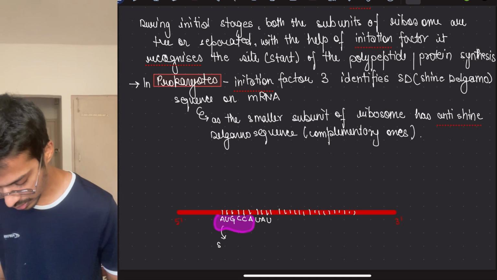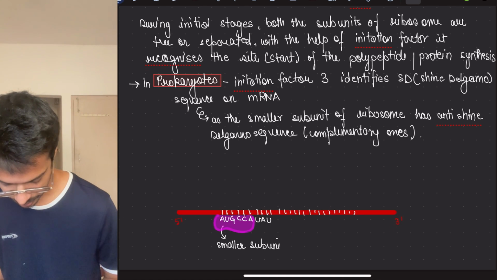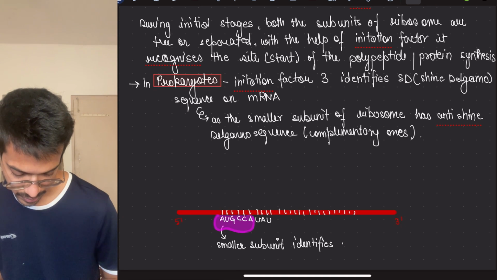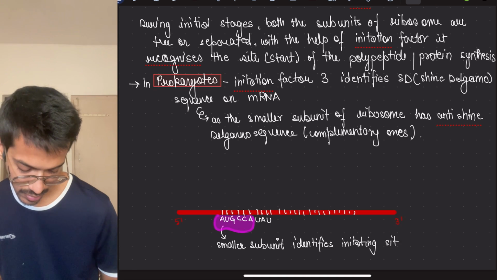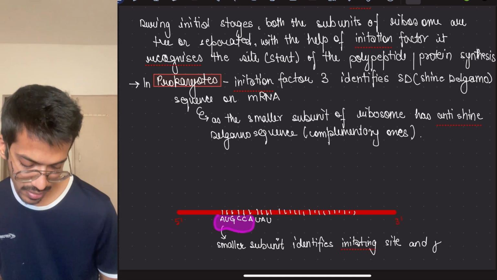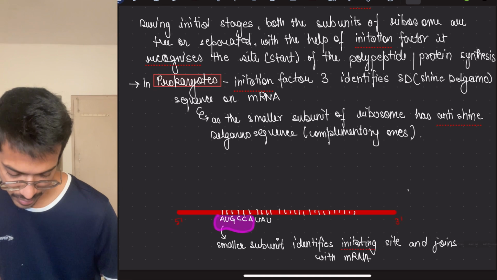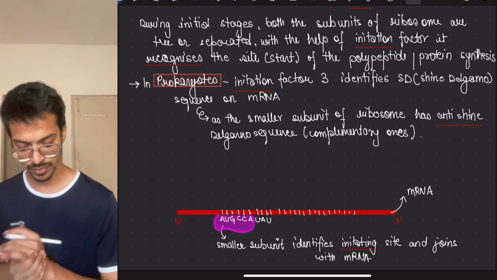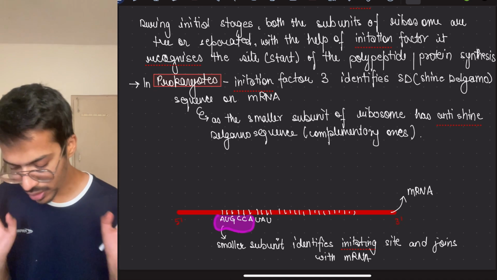So the smaller subunit identifies the initiating site and joins with the mRNA. Clear with this point? Now, in case of prokaryotes, this happened.